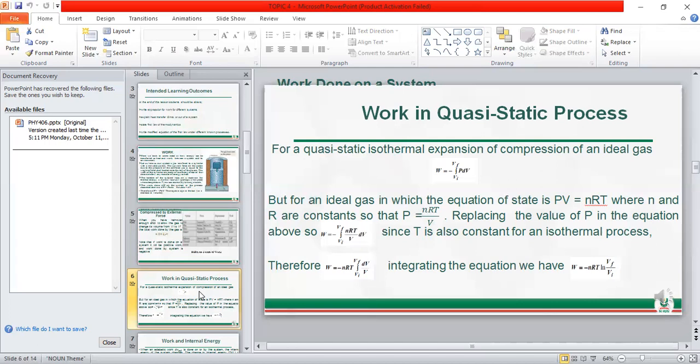Can anybody tell me the meaning of quasi-static? Because we can't just be using terms without knowing the meaning. What is the meaning of quasi-static? Anybody?